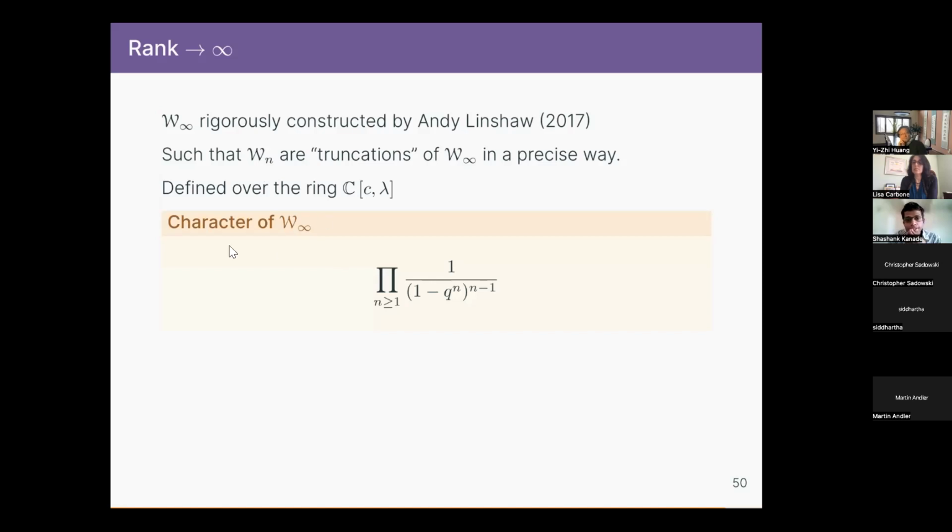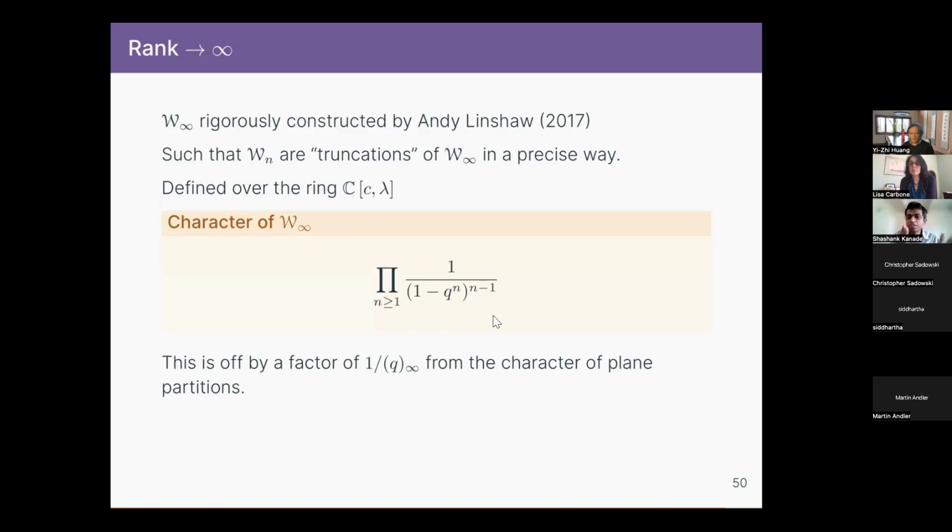If you see the character of this W infinity object, it is very similar to the plane partition, but it is off by 1 in every coordinate. Really it is off by q infinity, a factor which is always lurking behind in all our identities. The way to understand it is that it's the character of the rank 1 Heisenberg VOA.